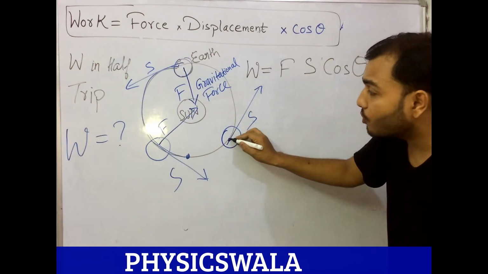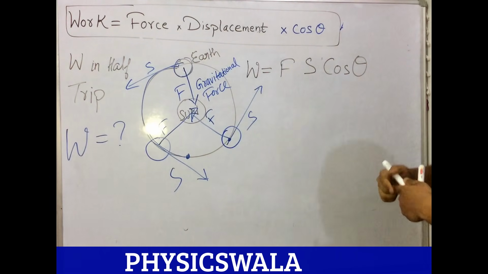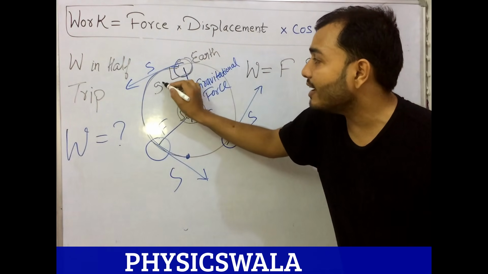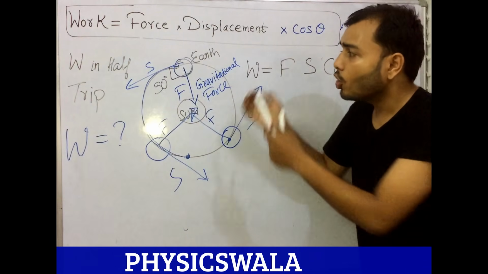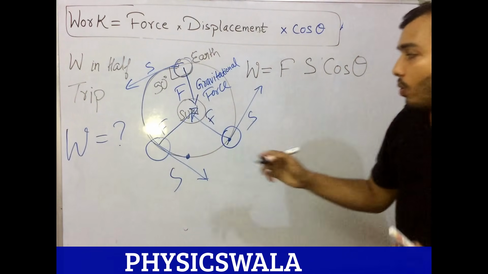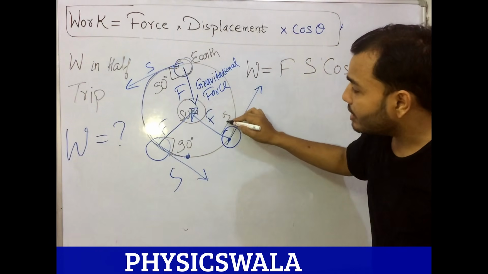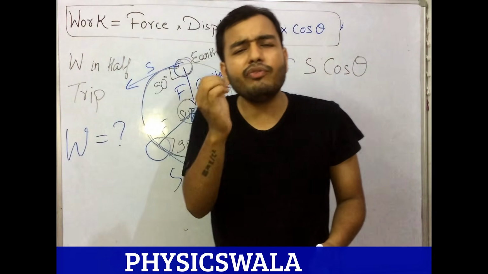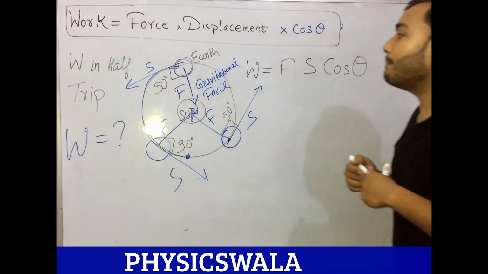And over here? Towards the Sun. Now as you can see, force and displacement have how much angle? 90 degree. Yes, students, always 90 degree. When Earth revolves around the Sun, everywhere the force and displacement are perpendicular.